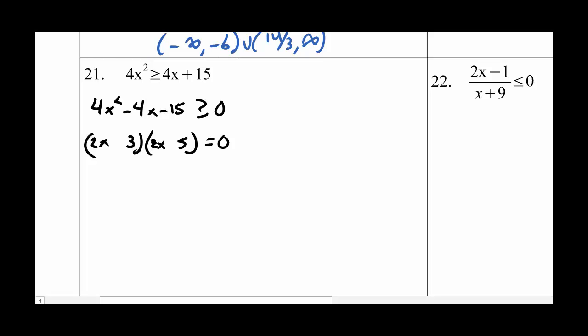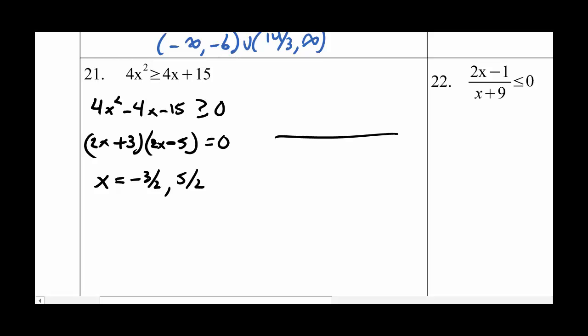Ooh, 10 and 6. I can see a way to get a 4 out of that, and I want that negative. So I want my 10 to be the negative and my 6 to be the positive. So there we go. Which tells me that my solutions for this equation then would be negative 3/2 and 5/2.